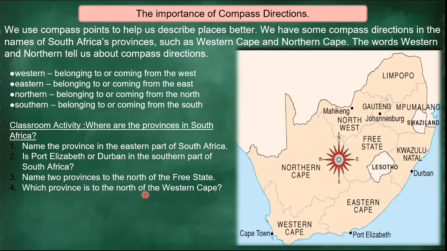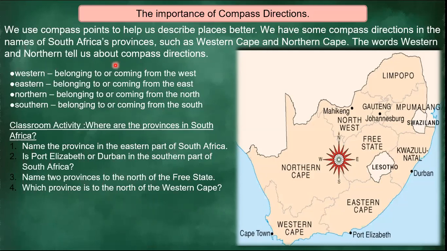Because South Africa is surrounding it. Because now we are talking about provinces, right? So it is not part of the South African provinces. It falls as a neighboring country for South Africa. Okay. Did you understand?